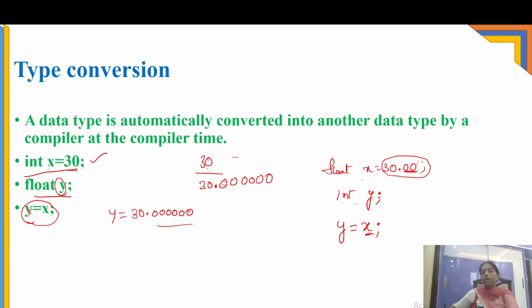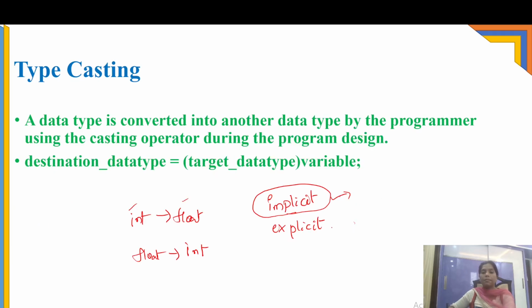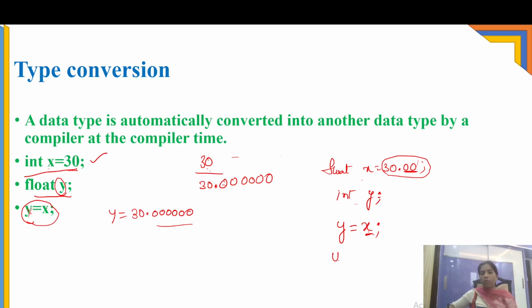This time we need to do explicit typecasting. How to do it: destination variable equals target data type of the variable. So y equals (int) x. Understood? This float x should be converted to int, and that int value will be stored into the y variable. This is known as typecasting.